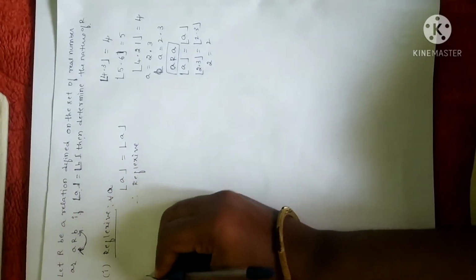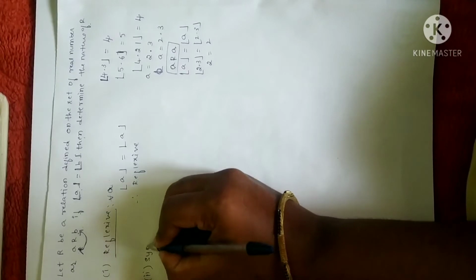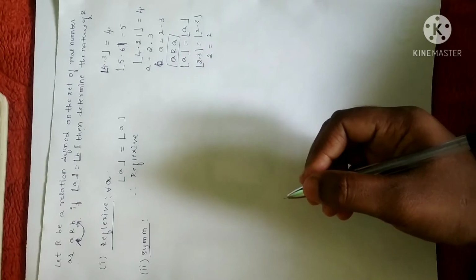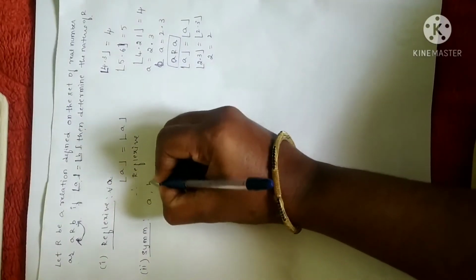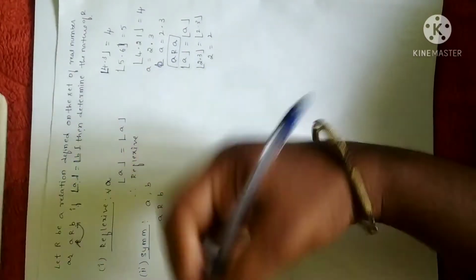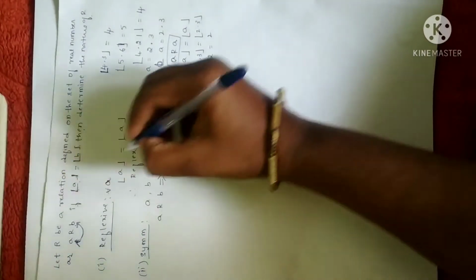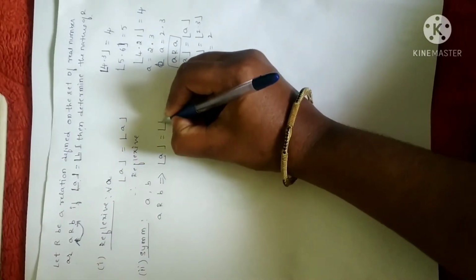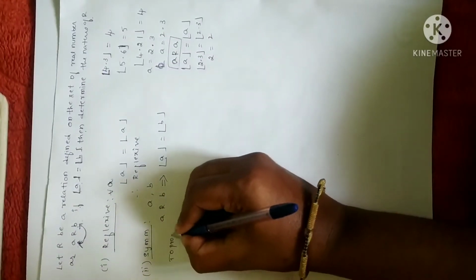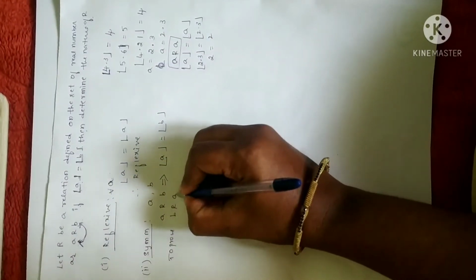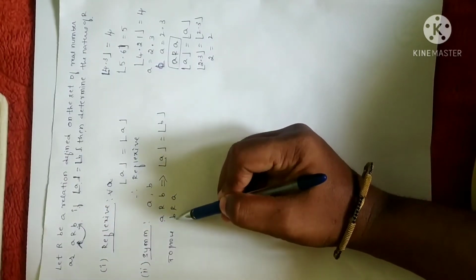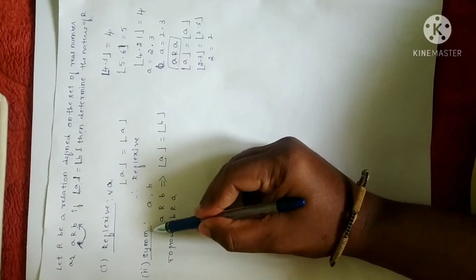Fine. Now, let's talk about symmetric. As I already said, in order to prove symmetric, we have to take two elements. Let me take two elements, A and B, and I have taken A related to B. So, as per the given problem, the floor of A will be equal to the floor of B. Now, I have to prove B is related to A. This is the definition of symmetric: if A is related to B, then B should relate to A. Then only it will become symmetric.